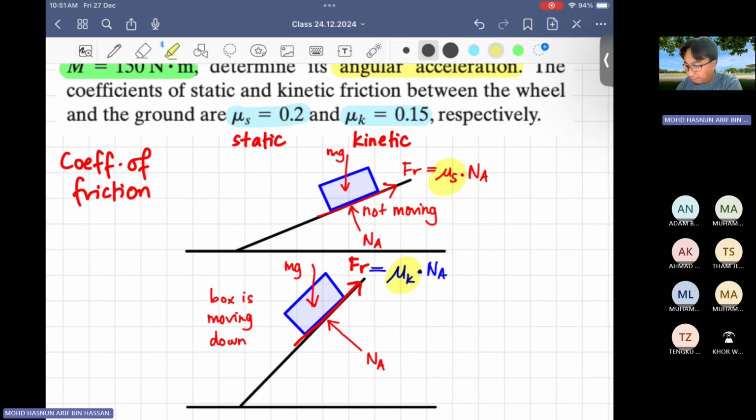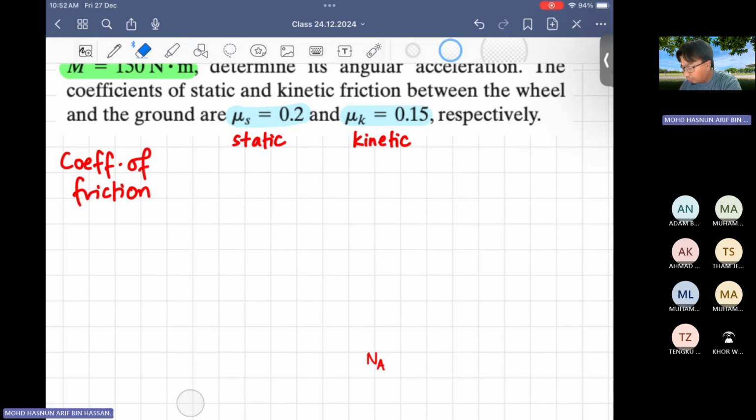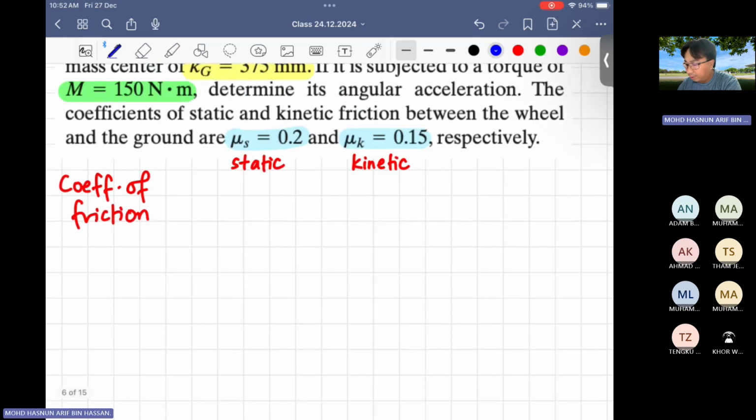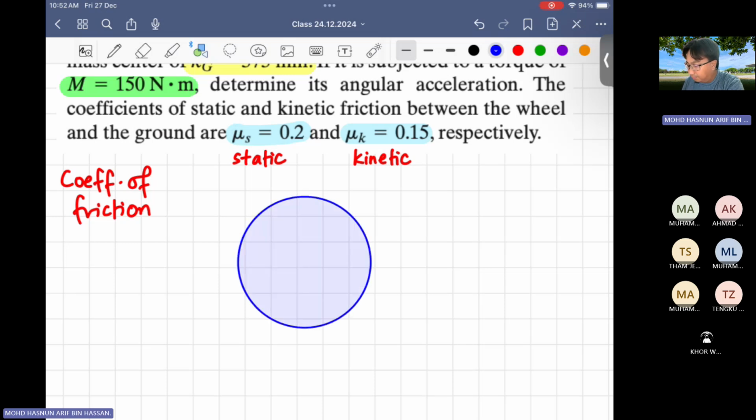Now I will erase this and come back to our problem here. So in our case, we have an object rolling. Let's draw it like this.